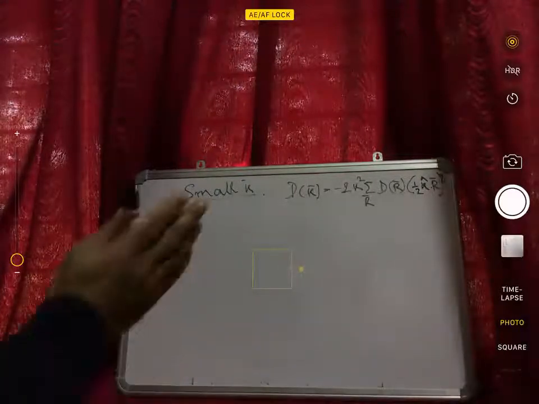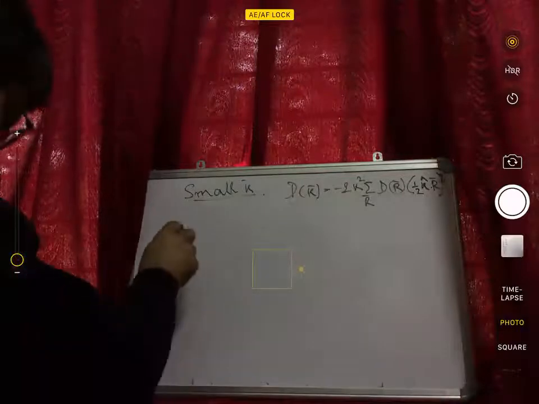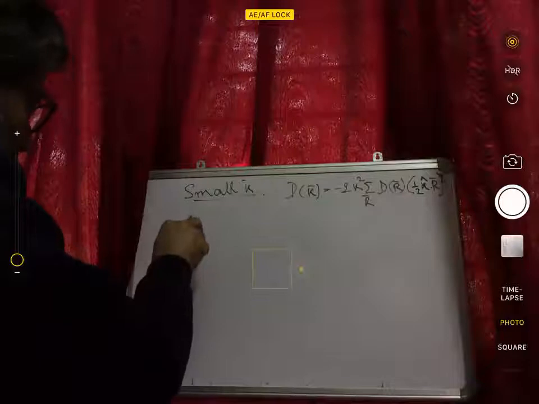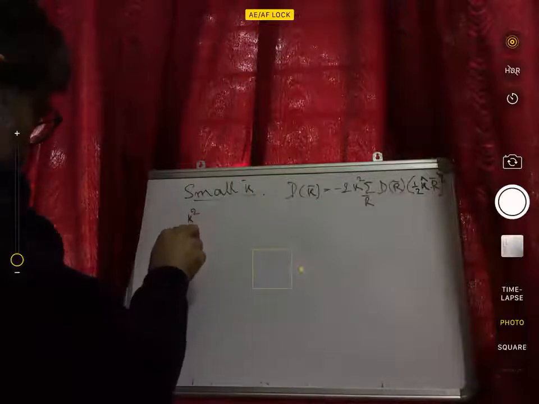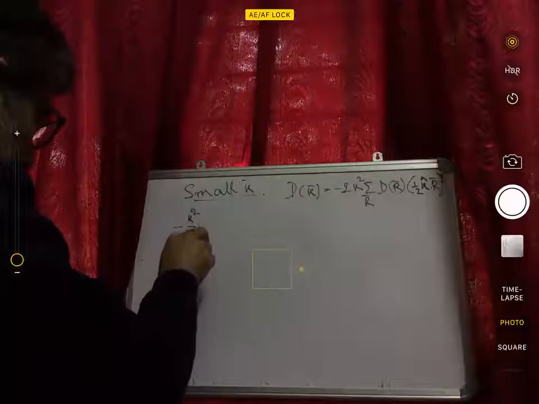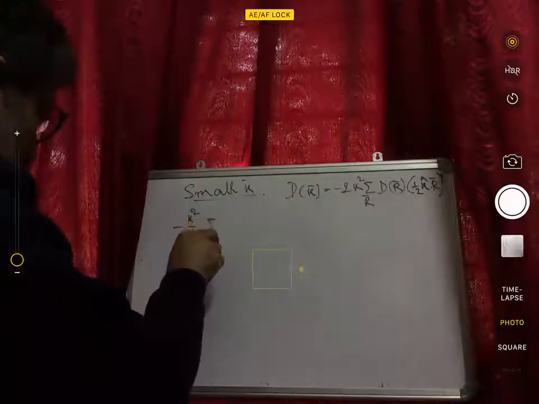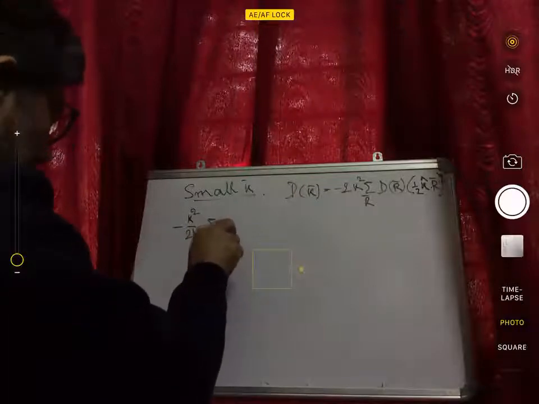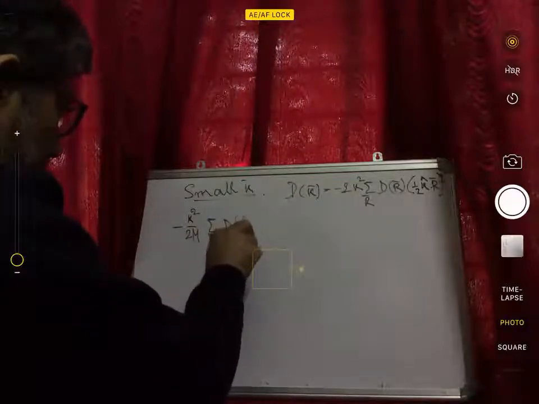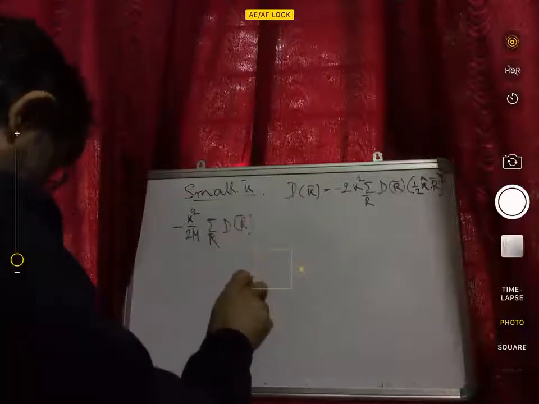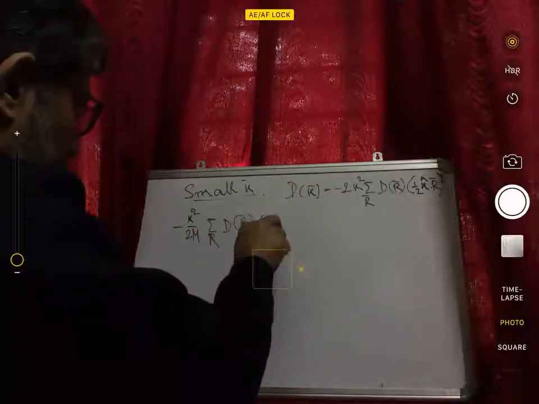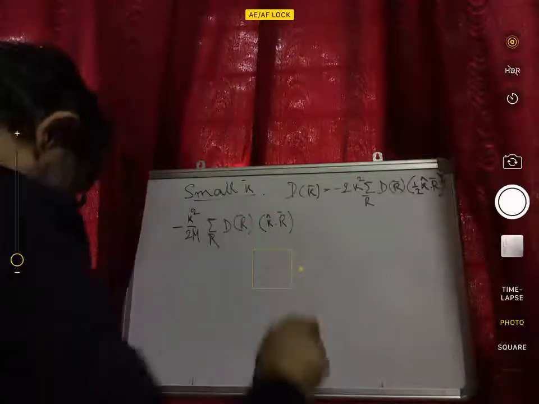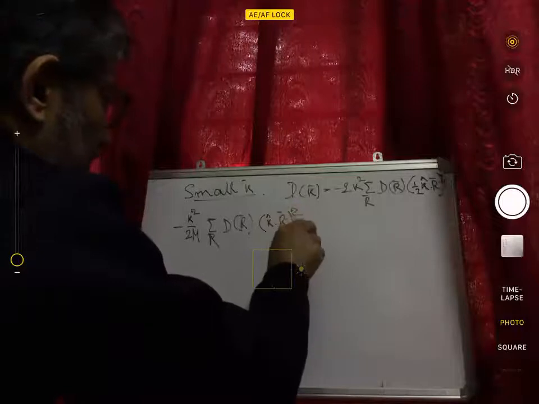So the eigenvalue equation then becomes, for any k, for small k's, the eigenvalue equation becomes... please check the factors and all that, in case I made some mistake.